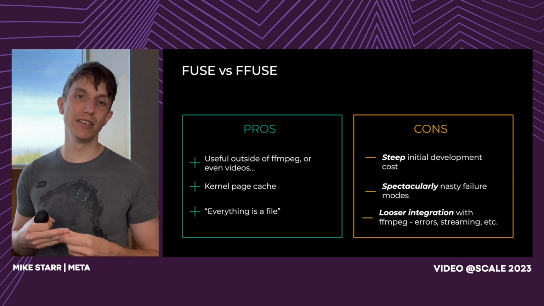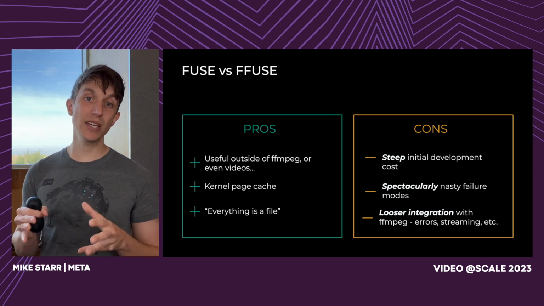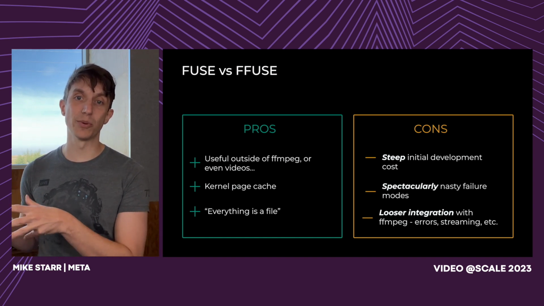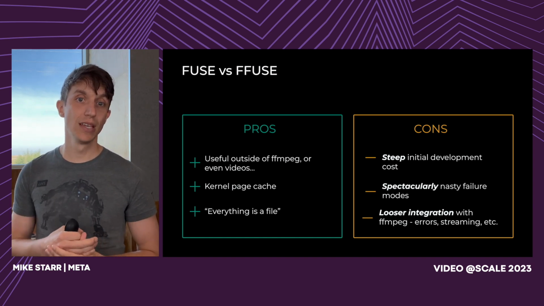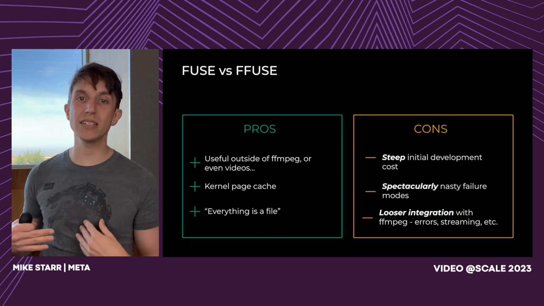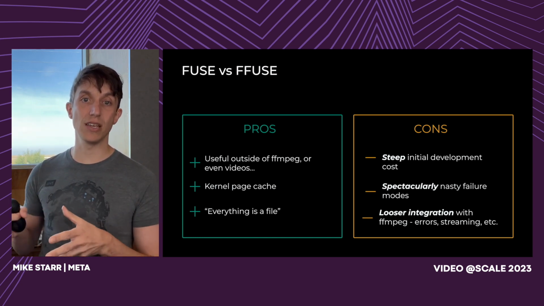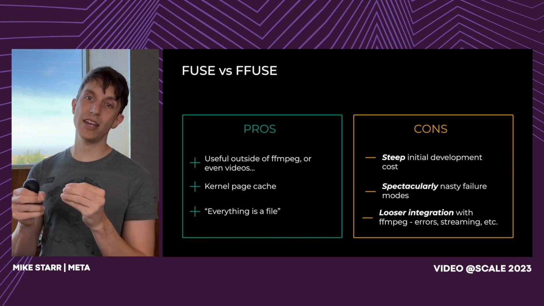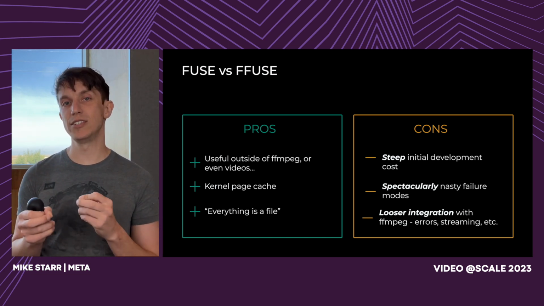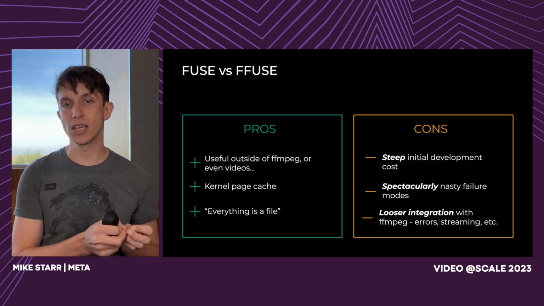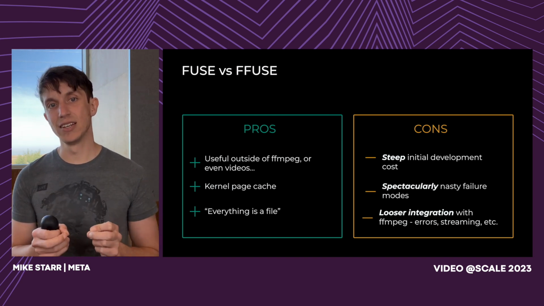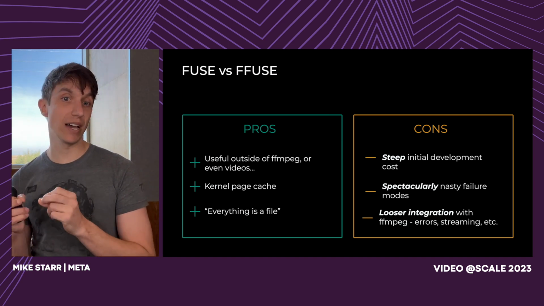I'll start by going over the cons. And the biggest one is that initial upfront developer costs are much, much higher. Because with Fuse, you're basically building and implementing a POSIX API, your users and your code will assume that your file system will do the right thing. And if it doesn't, it will fail in really, really bad ways.